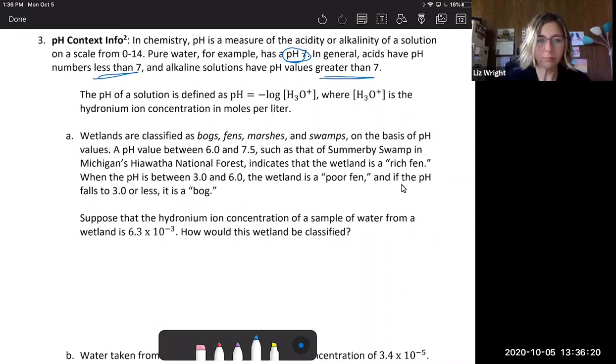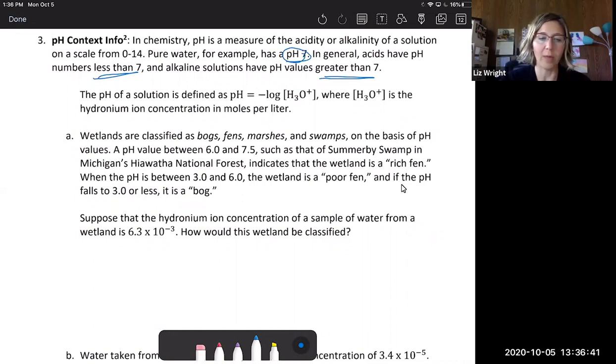All right. The pH of a solution is defined as pH equals negative log of H3O positive, where H3O positive is the hydronium ion concentration in moles per liter. Lots of info here.